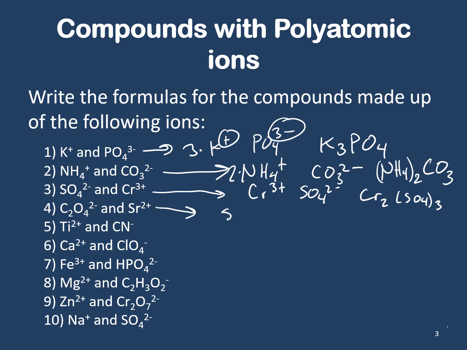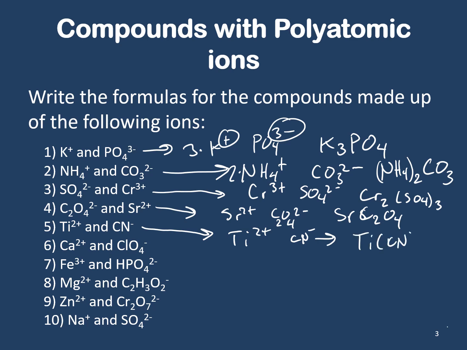In this case, we have strontium 2 plus and oxalate C2O4 2 minus. These guys just kind of snap together as SrC2O4 because they're both 2 plus 2 minus. We don't have to worry about that. In titanium 2 plus and cyanide, we have this forming just Ti parentheses CN2.